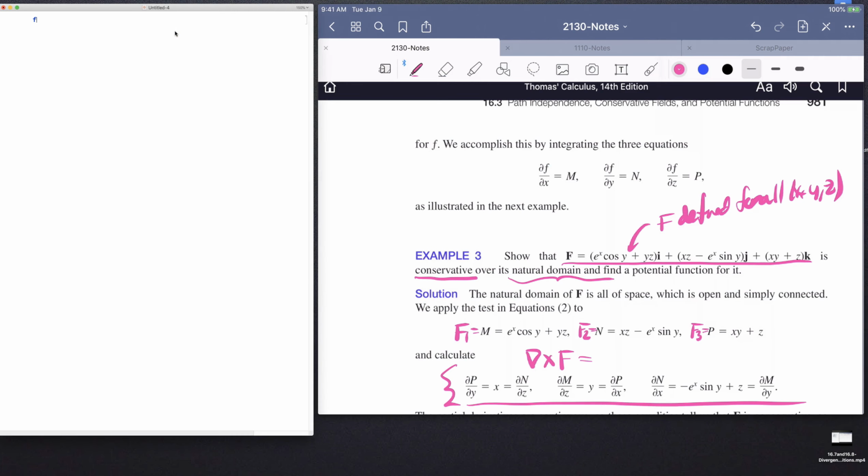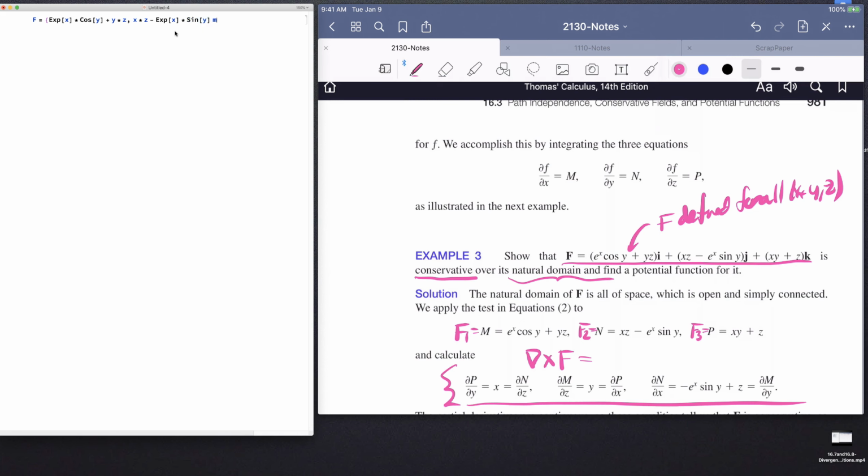But essentially we have a vector field F. The first entry of the vector field is e to the x times cosine of y, plus y times z. The second entry of the vector field is x times z minus e to the x times the sine of y.